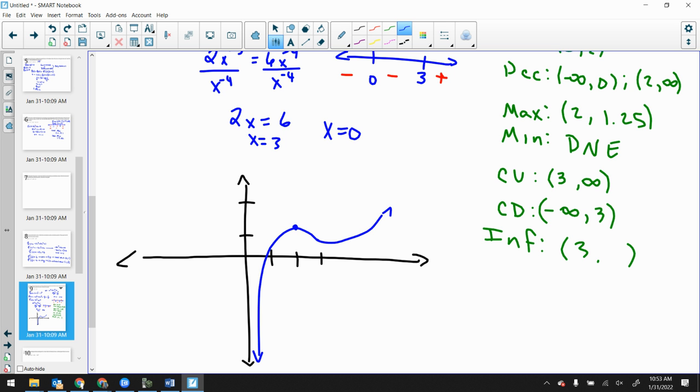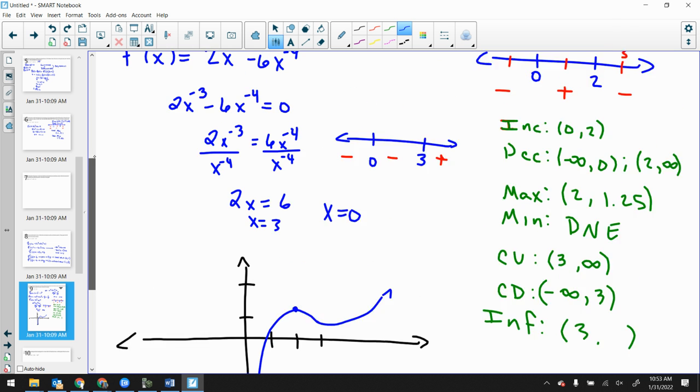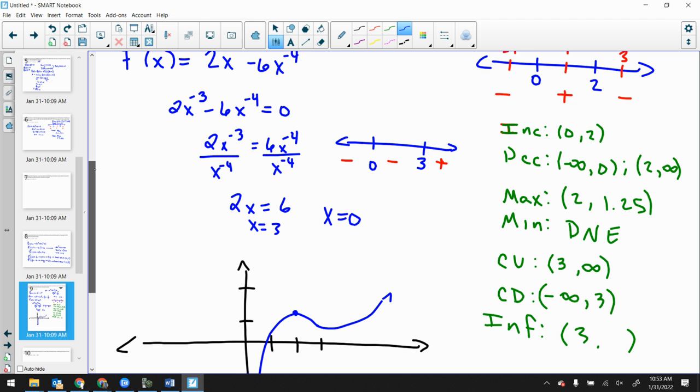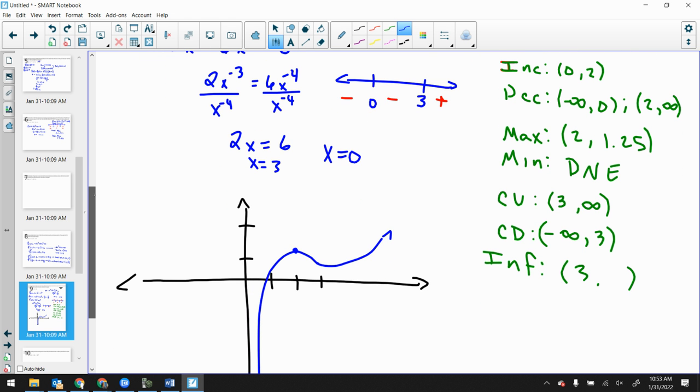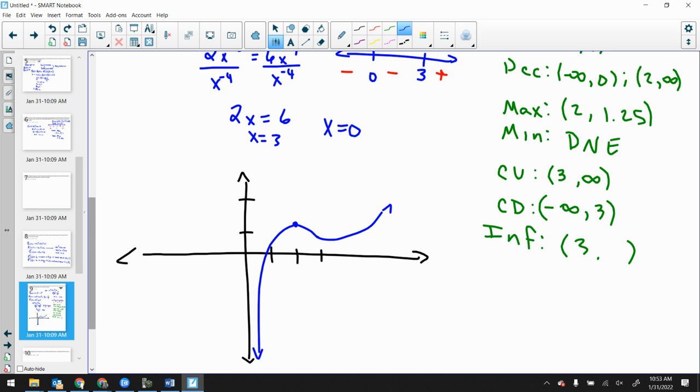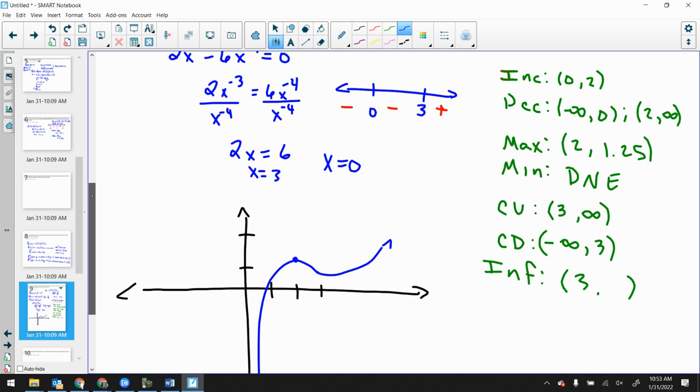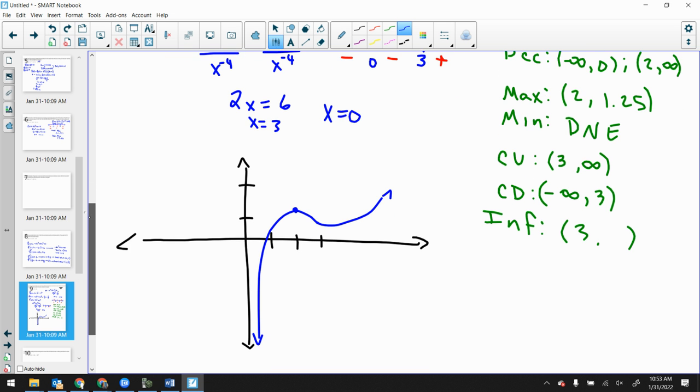Now, think about it. It was increasing from 0 to 2, but then decreasing from negative infinity to 0, right? That's why this is going upward here. But this is going to be decreasing from negative infinity to 0.